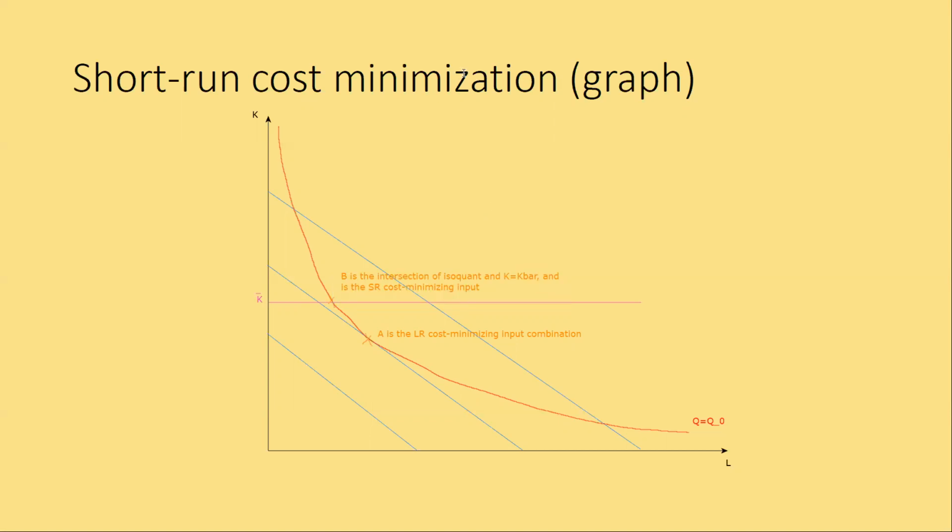So in the short run, the firm will choose point B. Now, let's look at the expansion path of the firm. So we derived previously, we drew this previously, that in the long run, when the firm is free to choose different capital and labor, with 3 different isoquants, the graph might look something like this.